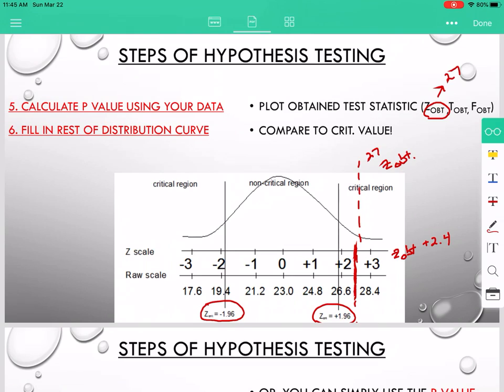So you can write your z obtained in the raw scale and also the z scale. You compare your z obtained to your critical value. So whatever test statistic I get, z, t, f, whatever, I compare it to the crit. And then I look, does that obtained value fall in the critical region or the non-critical region?